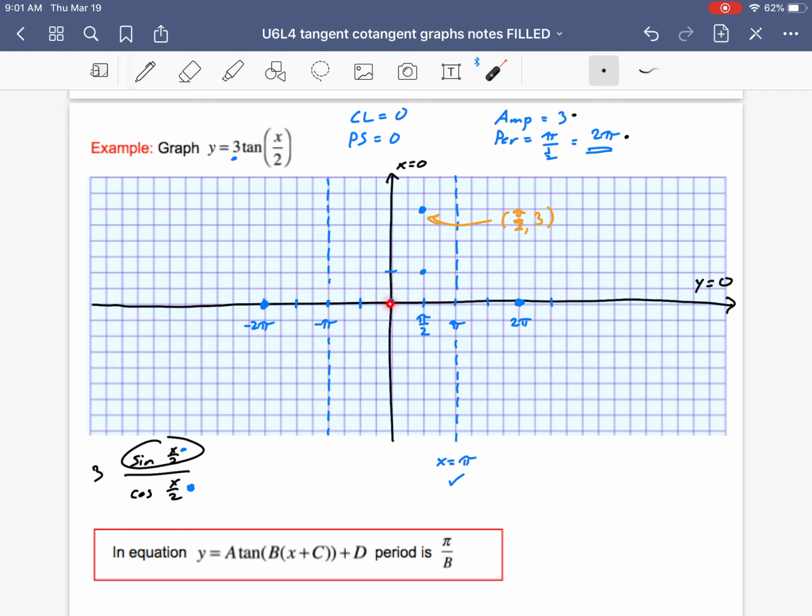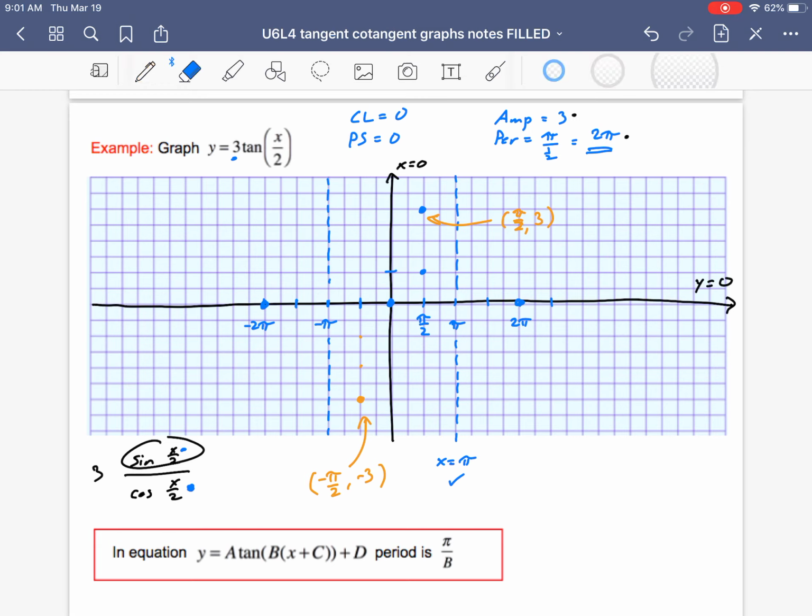That means if I'm going pi over 2 to the right and 3 up, I can go pi over 2 to the left and 3 down. So if I count out 2, 4, 6, that point is negative pi over 2, comma, negative 3.